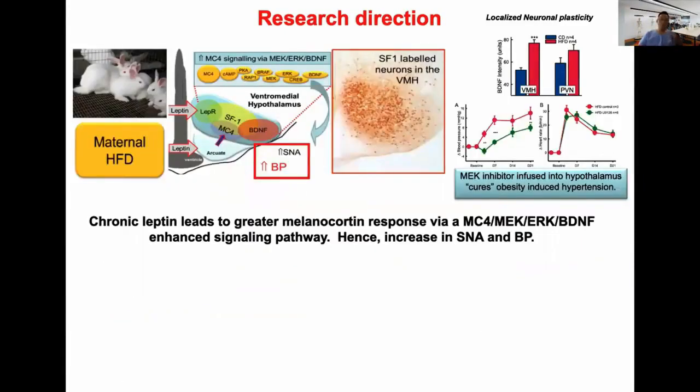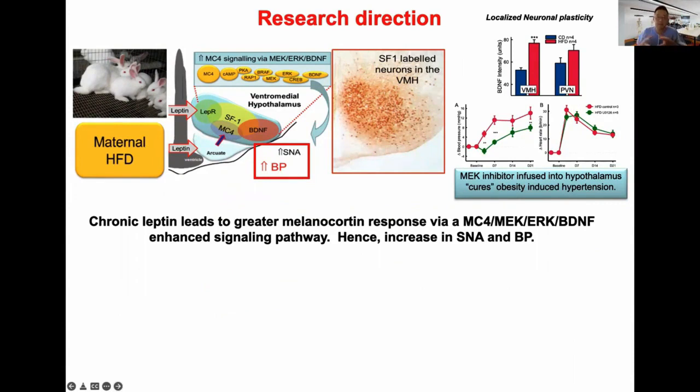Our latest plan is investigating the changes in this signaling pathway in accordance with the chronic leptin and melanocortin responses. So we have preliminary data showing that BDNF expression is increased in the offspring.